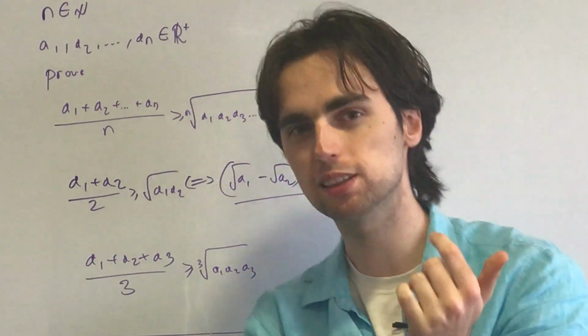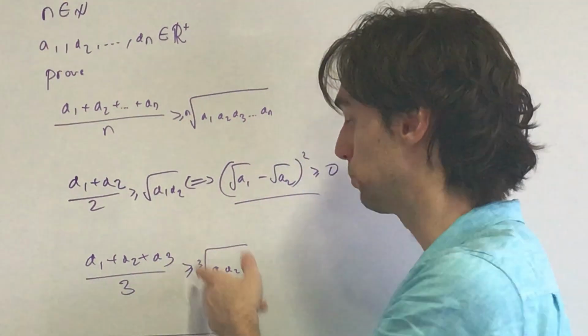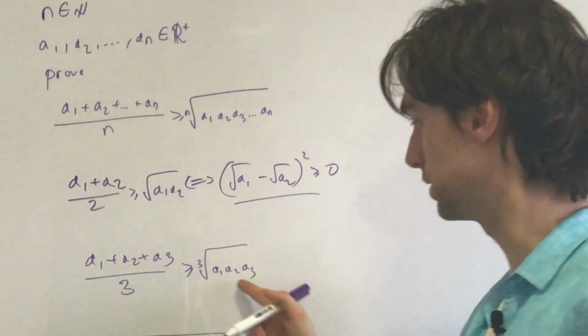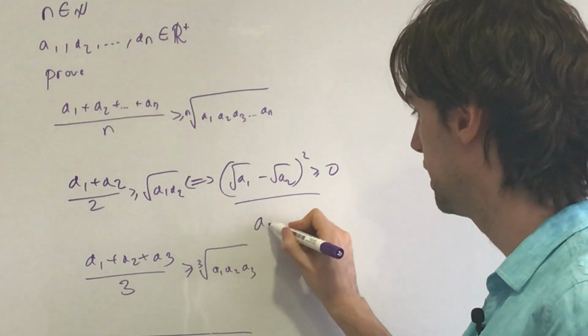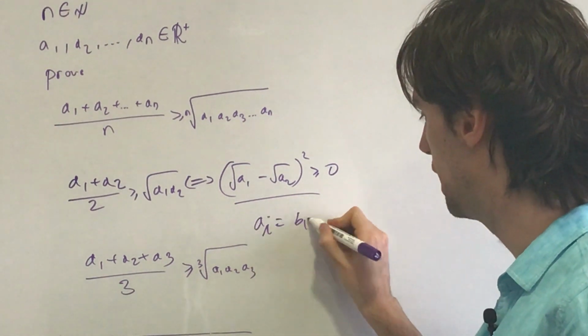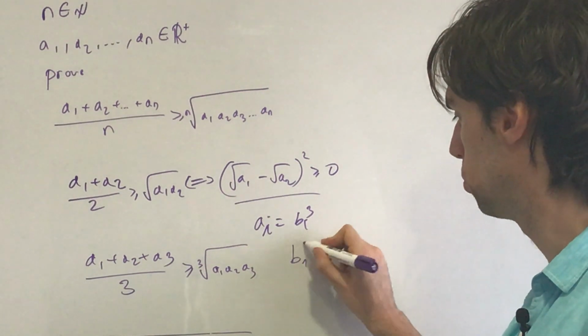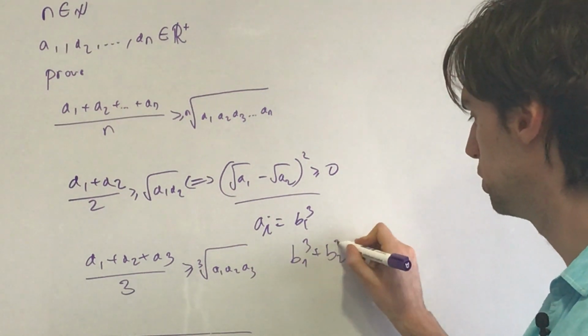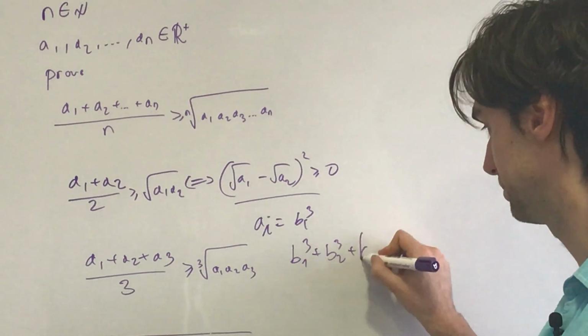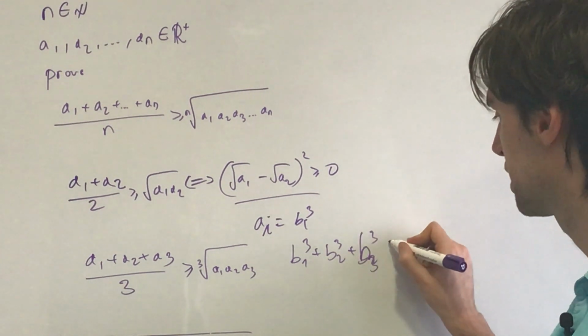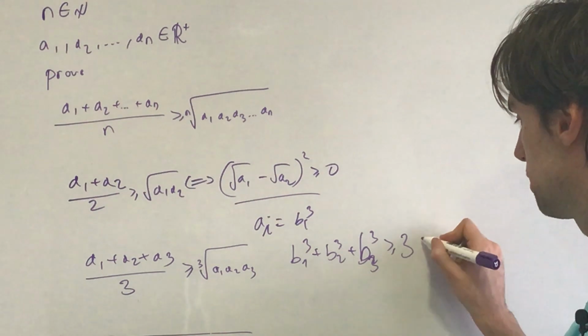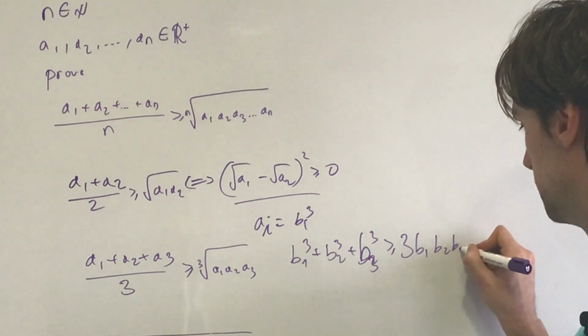So cubing it doesn't really solve anything. It gets rid of the root, but we can get rid of this root by saying let ai be equal to bi cubed. And then what we need to prove is that b1 cubed plus b2 cubed plus b3 cubed is greater than or equal to 3 b1 b2 b3.